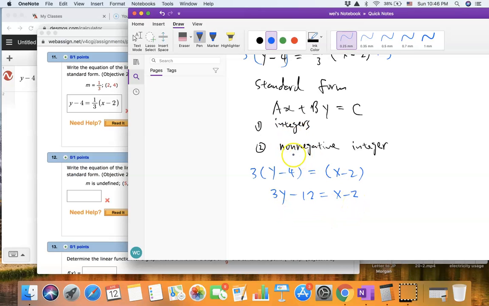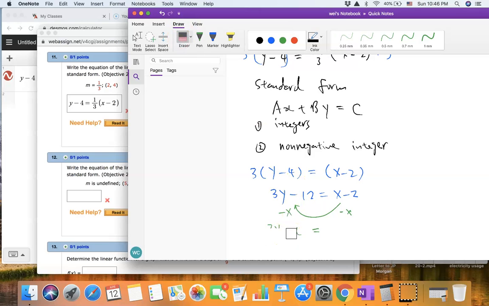Because we said the coefficient of x must be non-negative, if I bring the x to the left side, I will need to subtract x. Then the coefficient of x becomes negative, right?